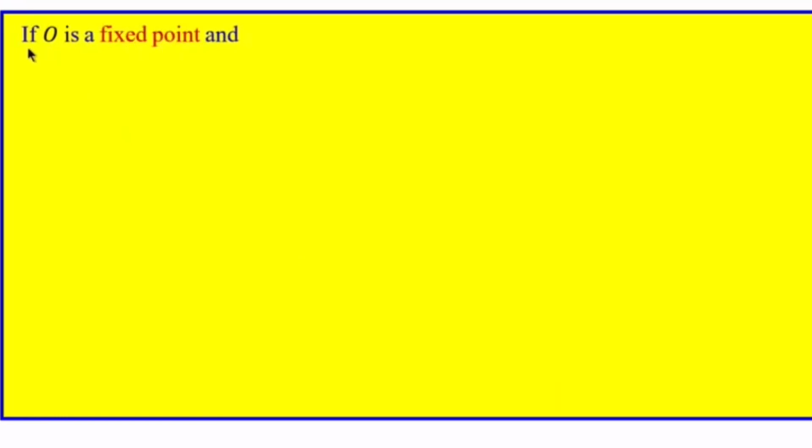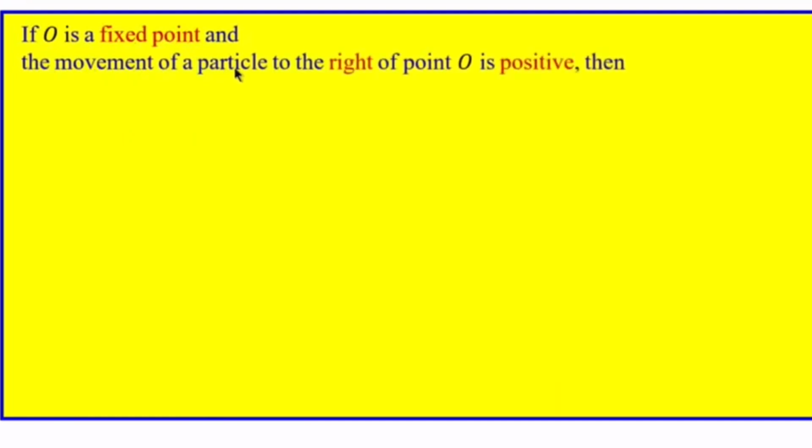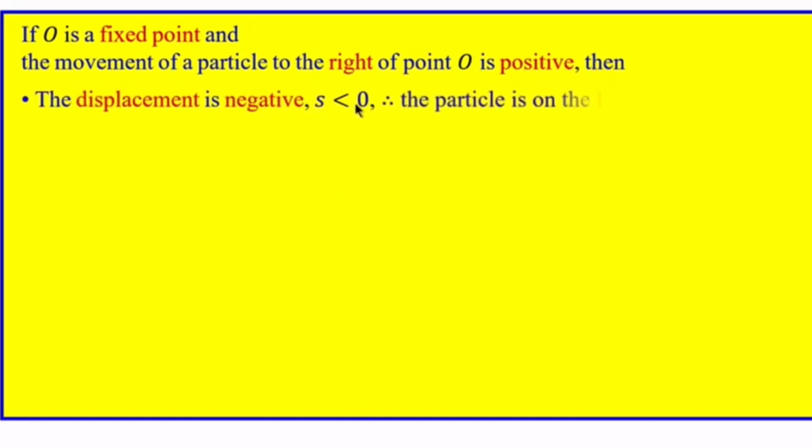If O is a fixed point and the movement of the particle to the right of fixed point O is positive, then the displacement is negative if S is less than 0, so the particle is on the left of point O.